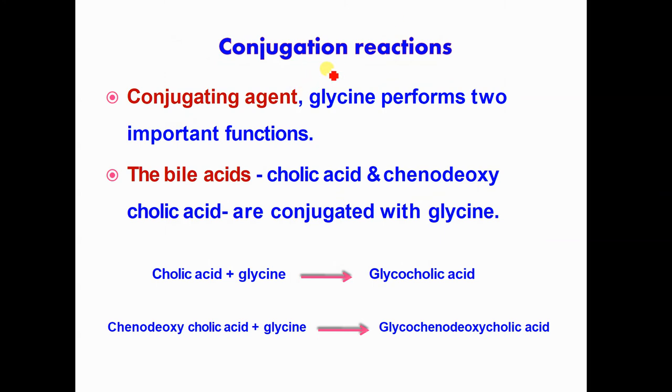Then conjugation reactions. This glycine is an important conjugating element, especially for the conjugation of primary bile acids, that is cholic acid and chenodeoxycholic acid, which will conjugate with the glycine and form glycocholic acid and glycochenodeoxycholic acid.